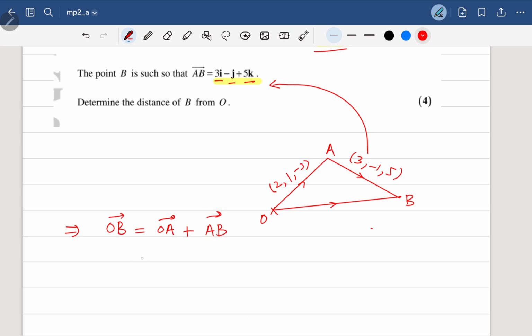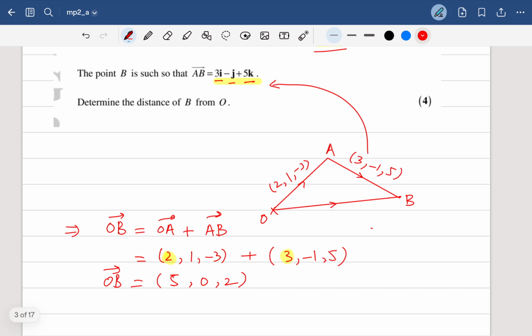If you add these two vectors, OA is 2, 1 and -3, and AB is 3, -1 and 5. If we add the x coordinate with x, 3 plus 2 will be 5, and for y, 1 minus 1 will be 0, and -3 plus 5 will be 2. So OB is 5, 0 and 2.